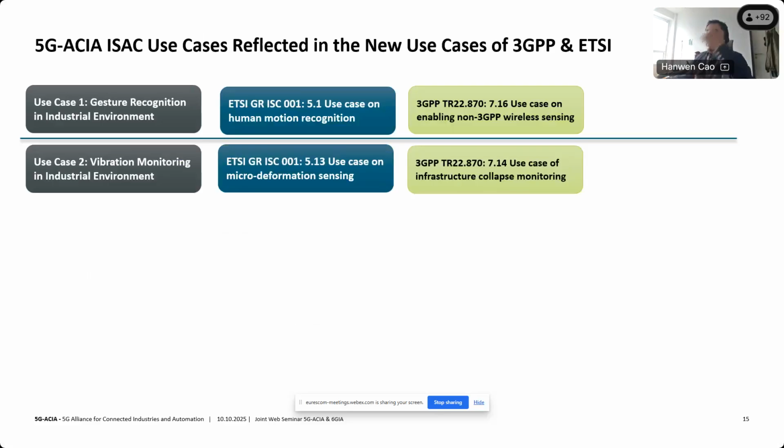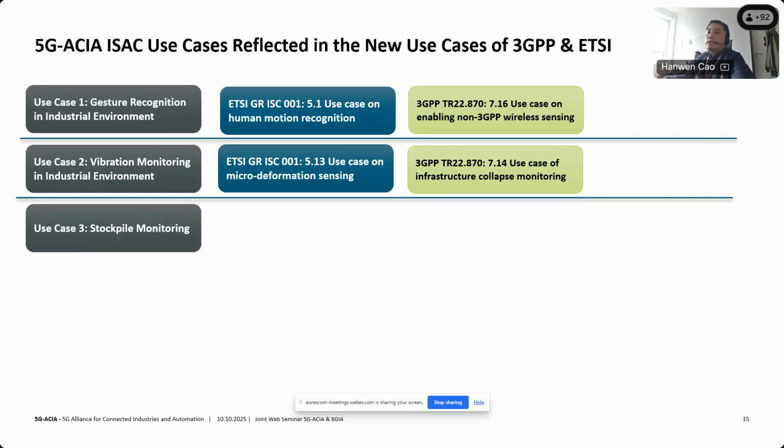Similarly, we also see that vibration monitoring has some commonalities with the use cases of micro deformation sensing for ETSI, and also infrastructure collapse monitoring in the 3GPP use cases.